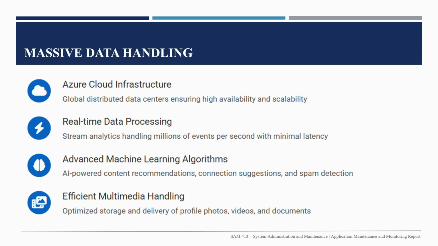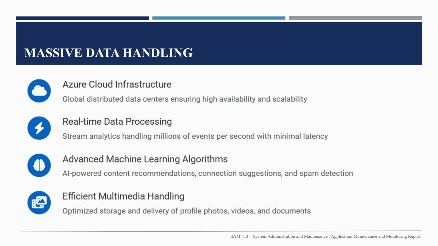For storage, they use a combination of technologies: Voldemort for distributed key value storage, Espresso for online transaction processing, and Venice for derived data storage. This hybrid approach allows them to optimize for different data types and access patterns. Their data handling includes sophisticated indexing and caching strategies.